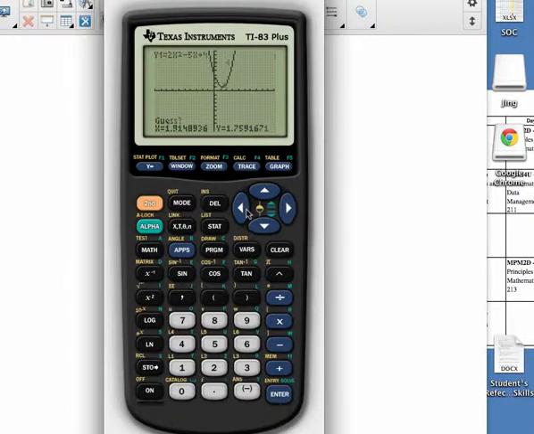So for me, all I really did here is just move it over one space. When I press enter, the calculator does some thinking, and it gives me the minimum value. So in this case, the coordinates of the vertex are 1.25 and 0.875. Those are the coordinates of the vertex.